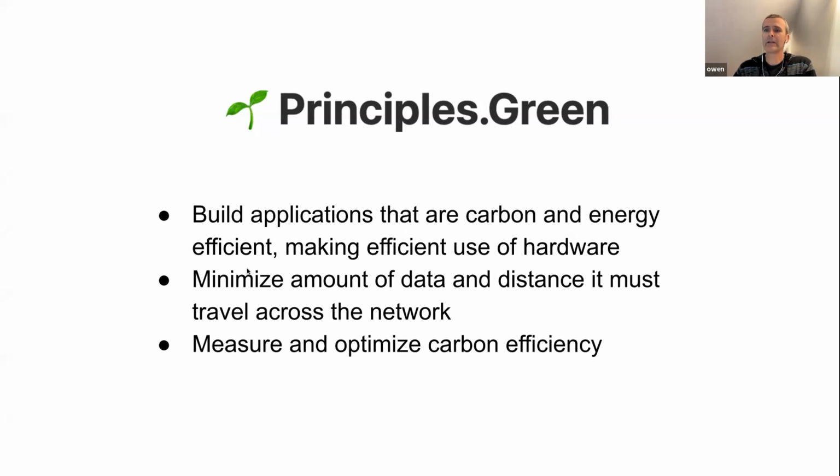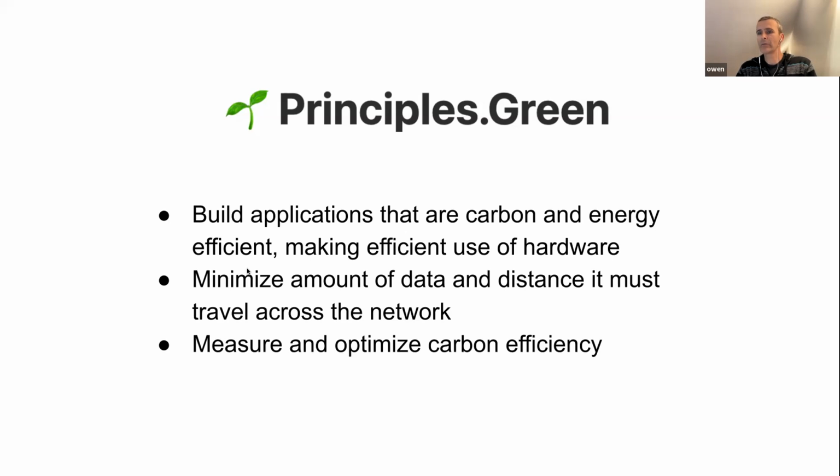The essence of it is really just focusing on the carbon impact of the services that you build, ensuring that what you're building is energy and hence carbon efficient, and makes efficient use of hardware. You're trying to use hardware that has low energy use.